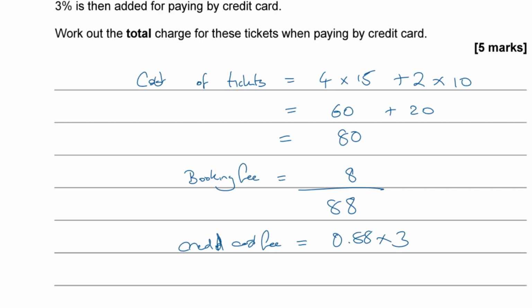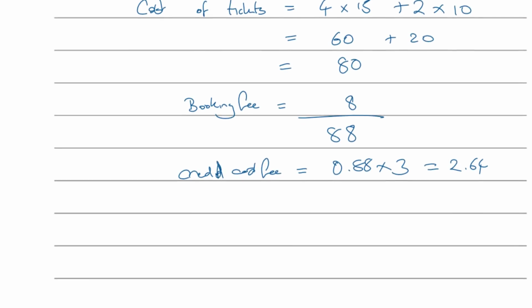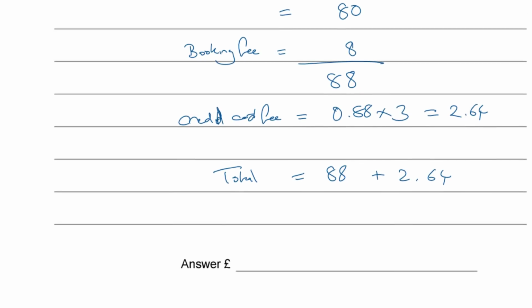So what's that? 264. £2.64. So then the total amount payable is going to be my £88 plus my £2.64, which is £90.64.